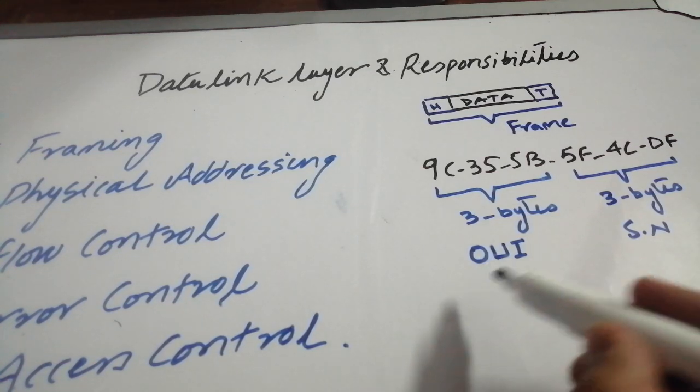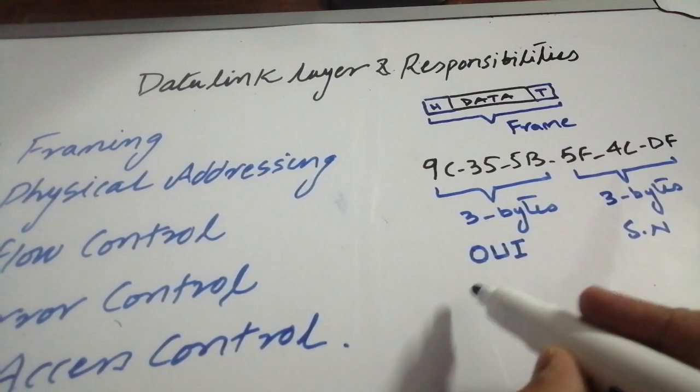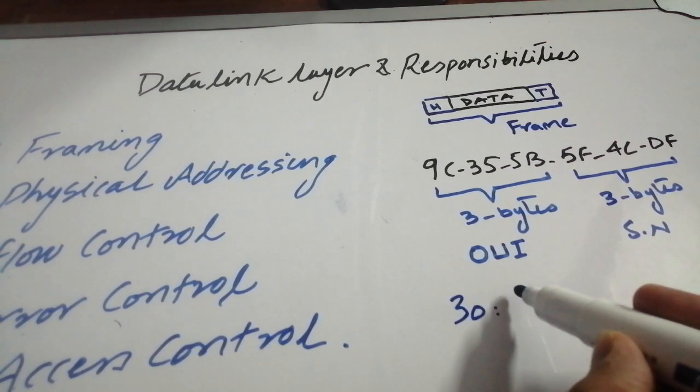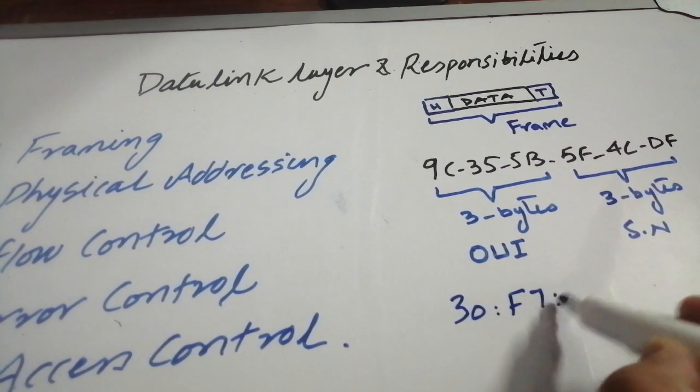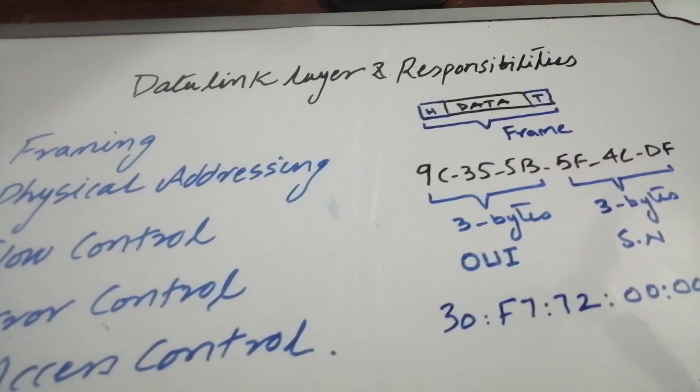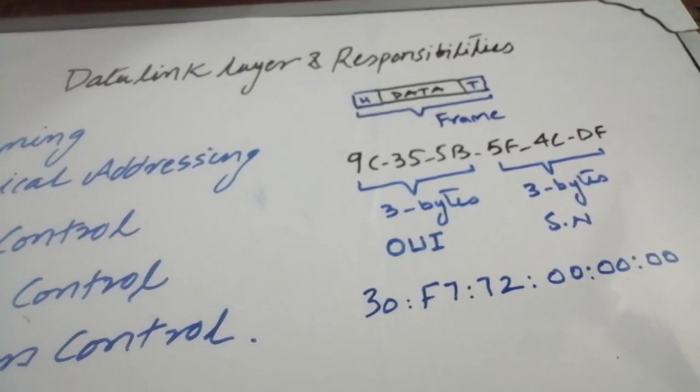So if your MAC address is starting with 30, F7 and 72, then this is Hon Hai Precision Industry, and the rest of the numbers are representing the serial number.